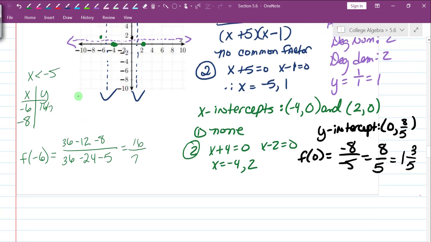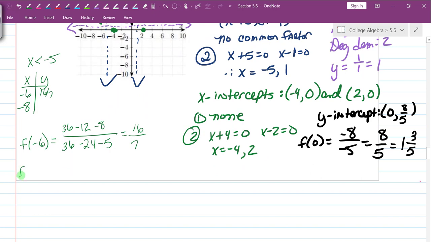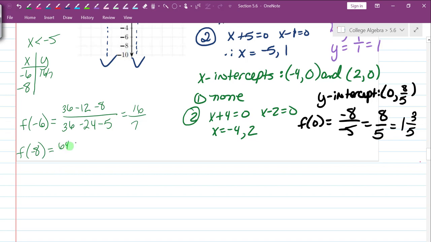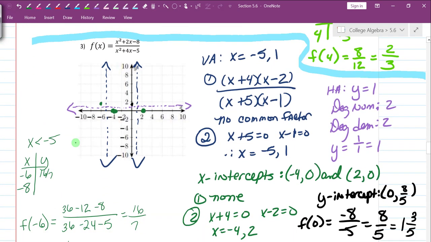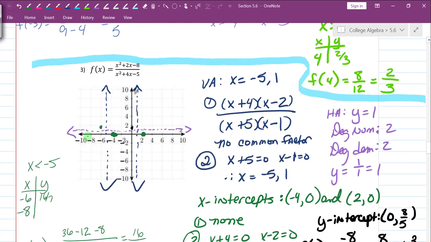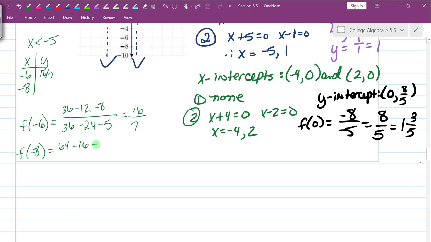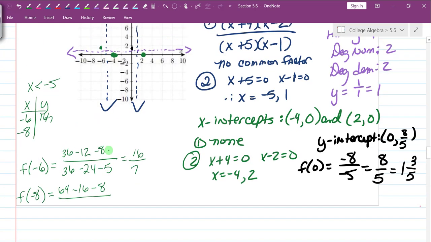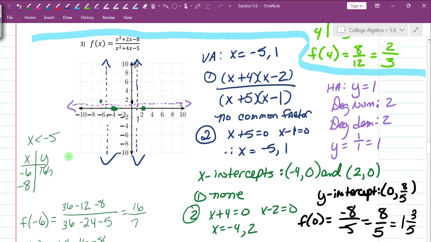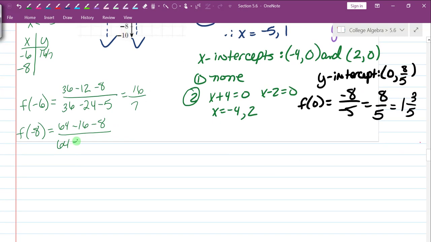So f of negative 8. Negative 8 squared is going to be 64. And then negative 8 times 2 is negative 16, minus 8, divided by 64 again, and then 4 times 8 is 32, negative 32, because it's a negative 8, minus 5.